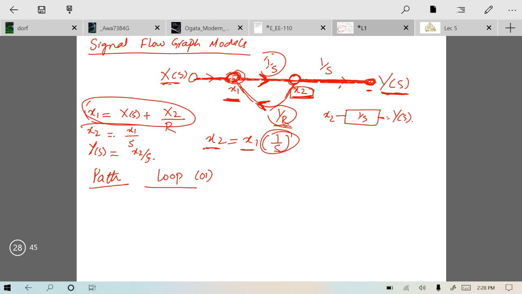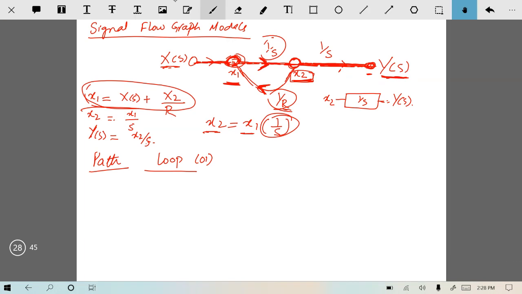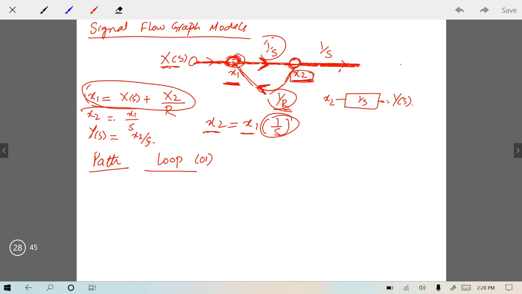So, for example, if there is another loop, let me try to draw another loop. Let me erase this y of s and add another node. Let me add x3 and another node x4 and then y of s.